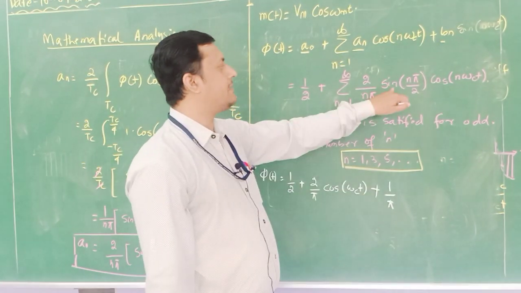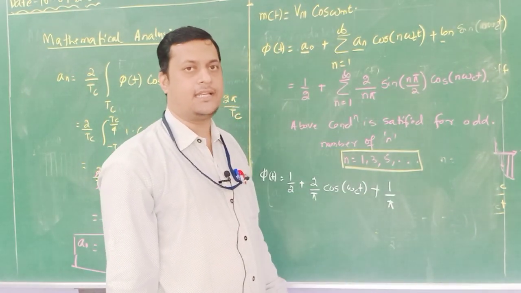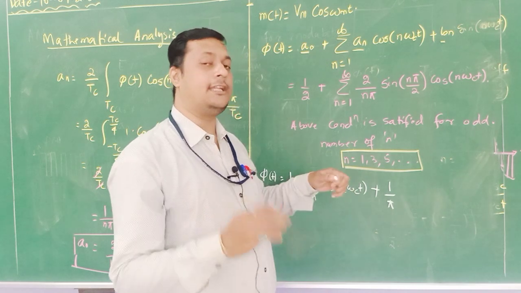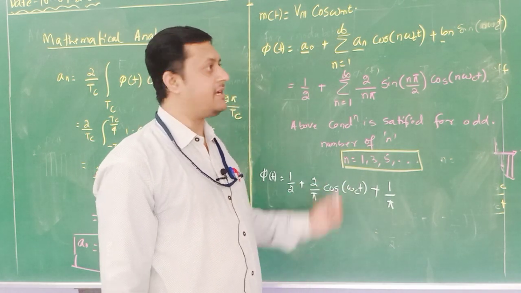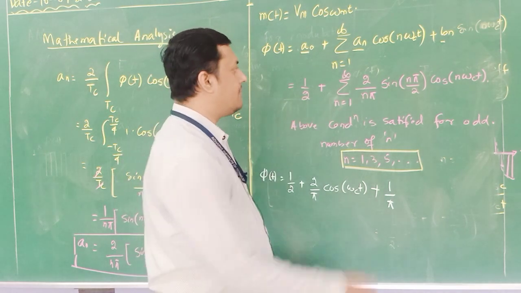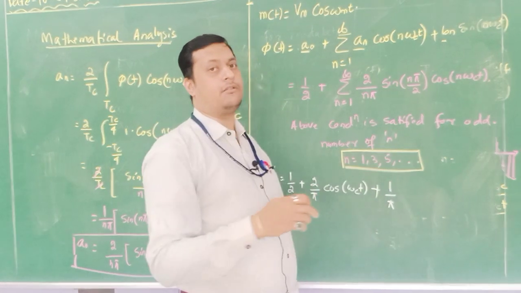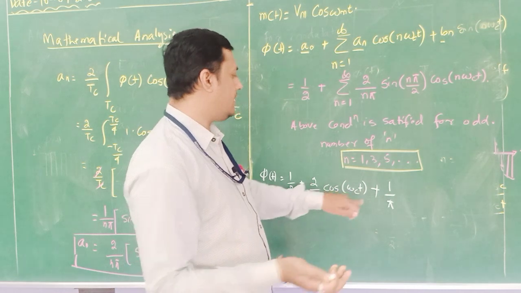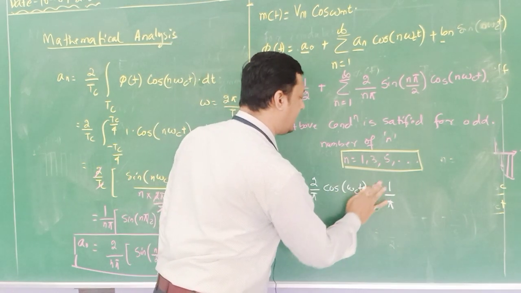Sin 3 pi by 2 means again minus 90 degrees. Pi minus pi by 2 is 90 degrees. Because sin 3 pi by 2 comes as minus 1, here we will get a minus sign.